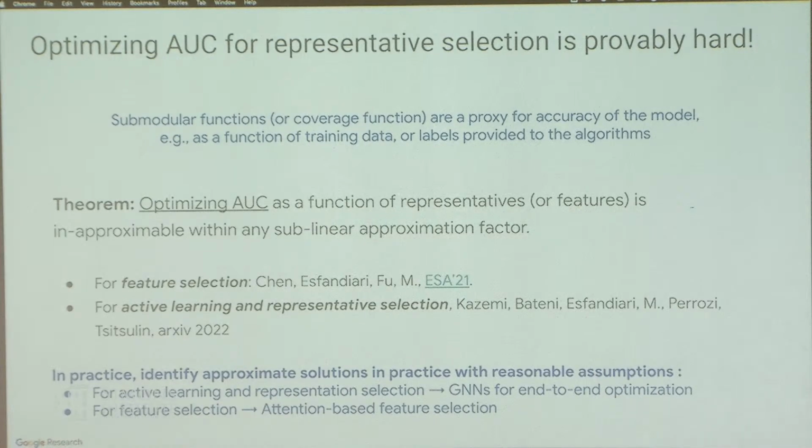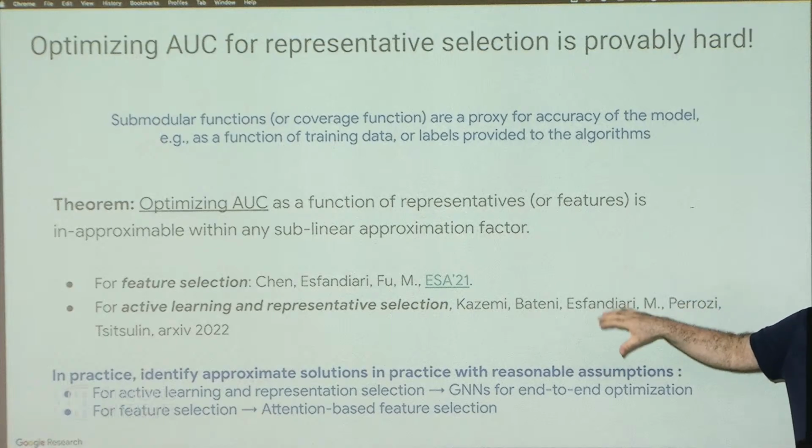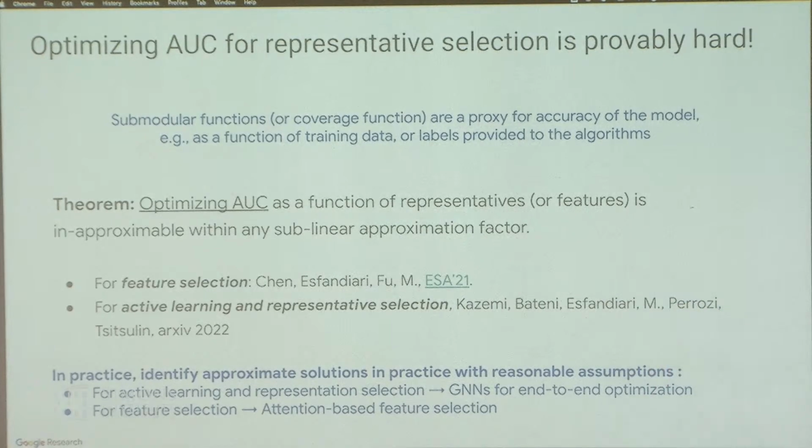So whenever we make a submodularity assumption for these problems, we are moving away from the problem at hand. We need to understand what are the assumptions that make the real AUC function submodular.